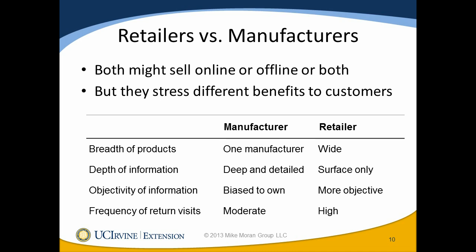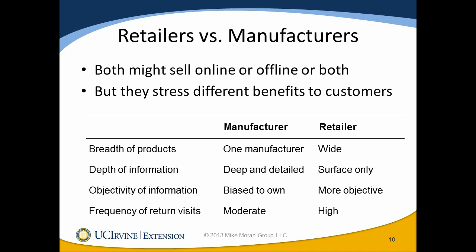Now, the objectivity of that information, on the other hand, is something that you might be a little more concerned about. The manufacturer is going to paint its products in the best possible light, where it's more likely that a retailer would have objective information. Now, retailers are trying to get you to buy things too, so it's not as though their information is totally objective, but their information is probably more even-handed than the manufacturer's information.